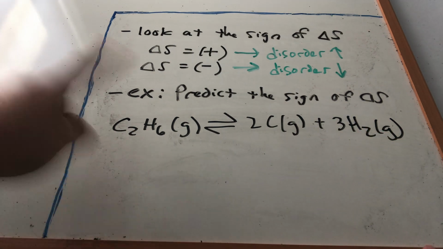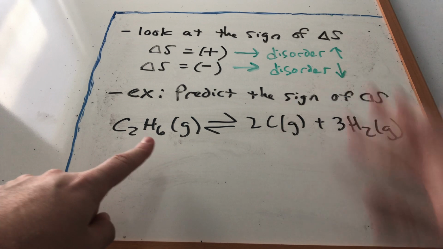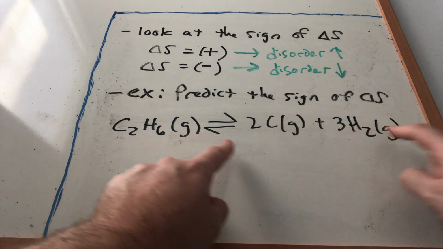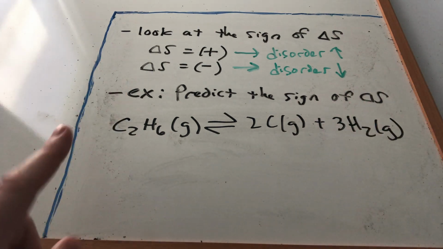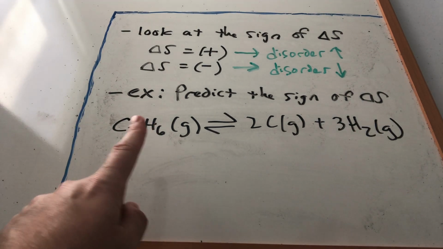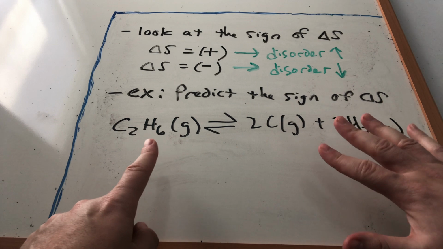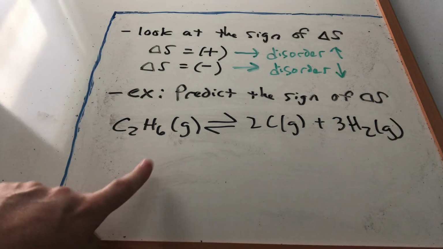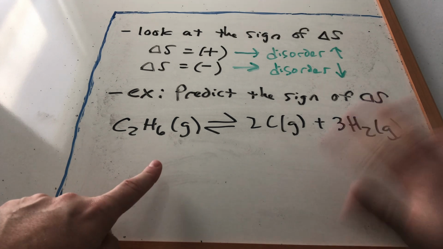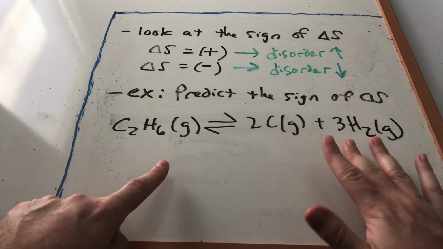This is a gas over here, so it's moving, and these are gases over here, so they're also moving. So we really can't talk about delta S in terms of states because everything has the same motion, but 1 thing became 5. Order decreased. It was 1 ordered object on this side, and now it became 5 disordered objects on this side.